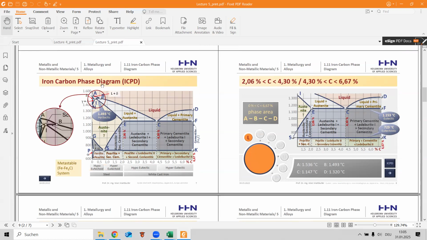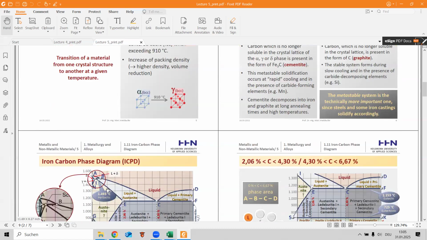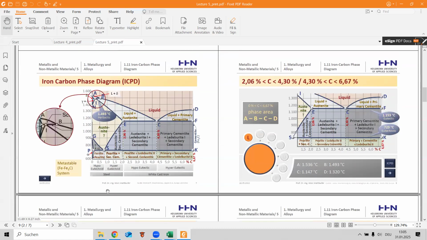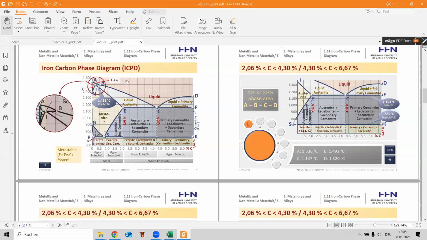So the iron carbon phase diagram, ICPD, the metastable cementite system. We have here endpoints.